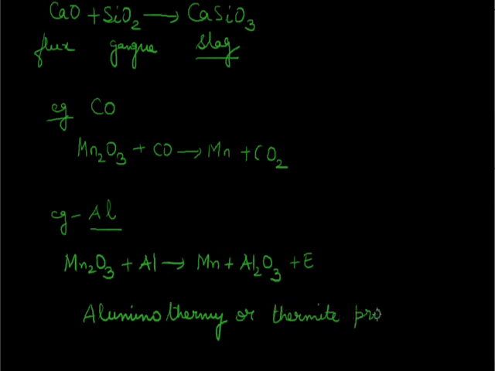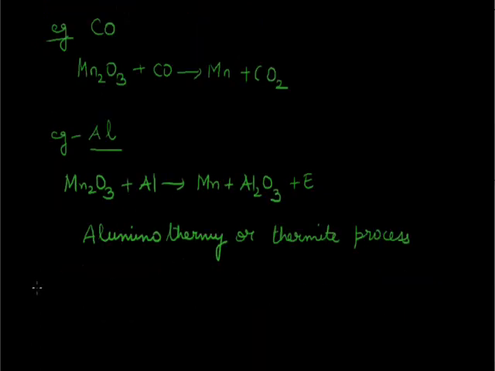Very commonly employed in the welding of broken railway tracks, where Fe2O3 is reduced with aluminium. Iron metal is formed in the molten state because it is extremely exothermic process, and it solidifies and fills the gap later on. So this process is known as thermite process. This reaction is known as thermite welding.